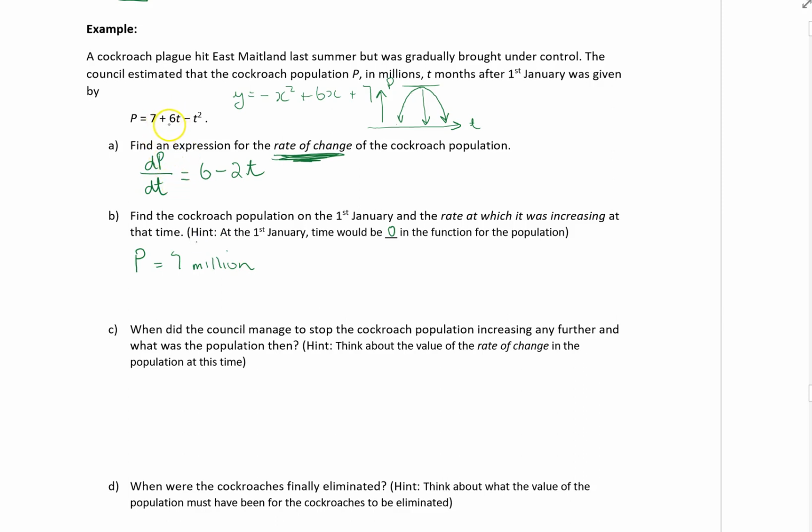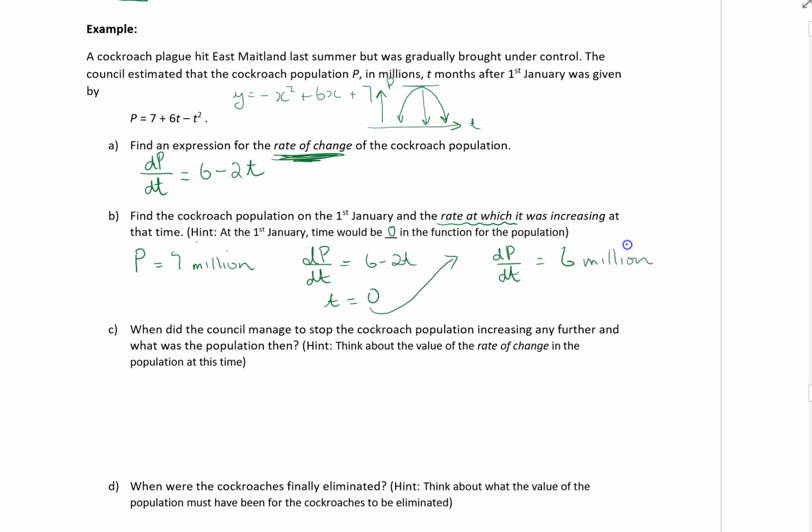Just subbing t equal to 0. We found the rate at which it was increasing, and we've got an expression that says dp dt is equal to 6 minus 2t, and we've got t is equal to 0. The rate at which it is changing, subbing t equal to 0, gives me 6 million.